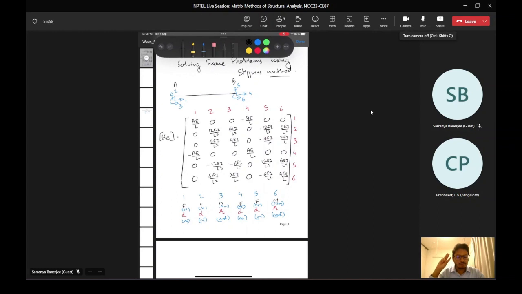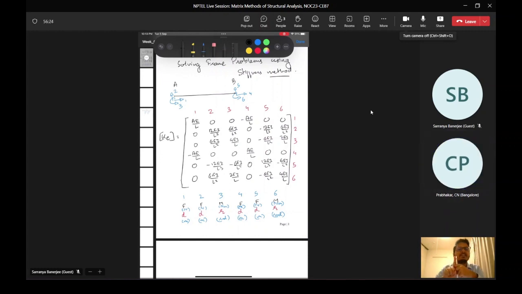So now in row number 3 we have the moment at point A. And if we compare, at row number 2 we have the vertical reaction at point A due to the vertical displacement at point A itself.